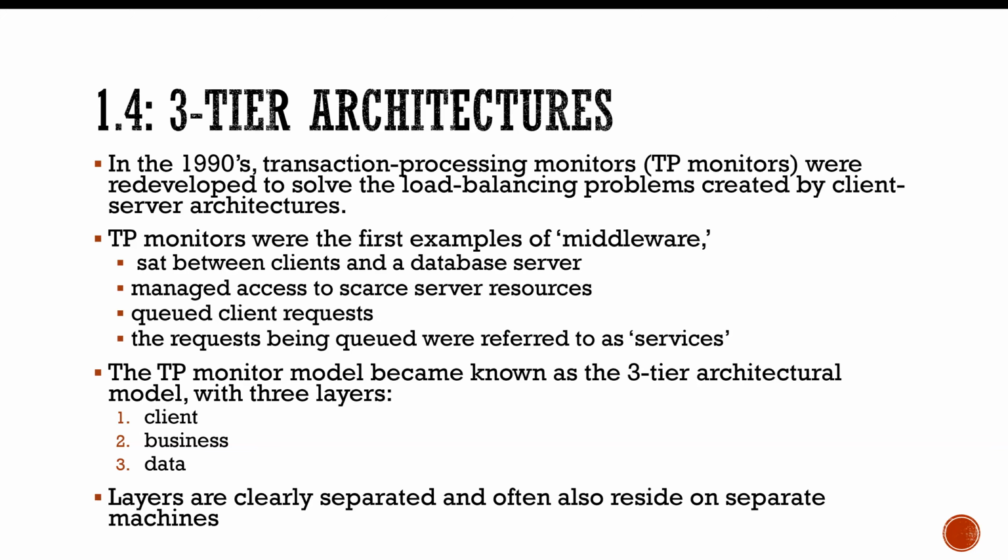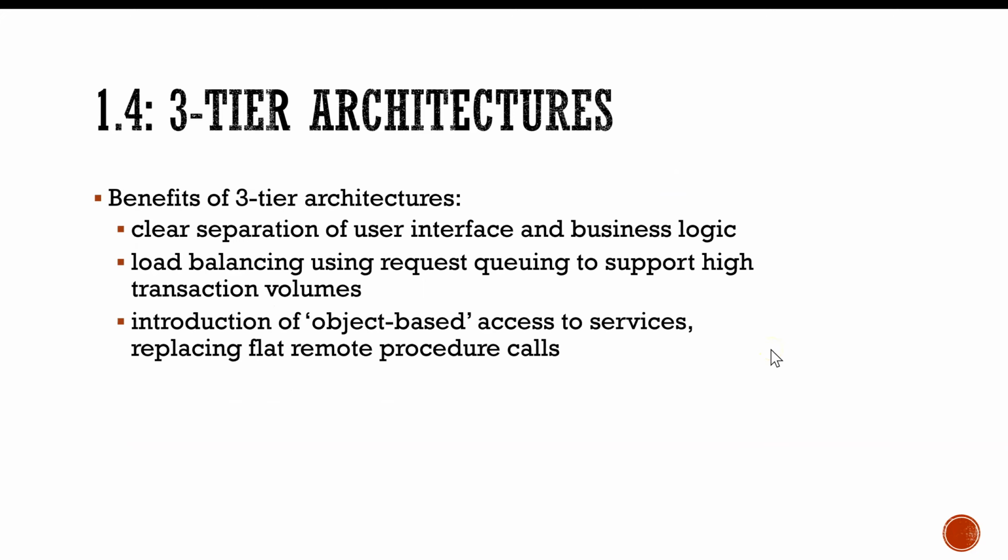The layers are separated, and sometimes they reside on different machines, different servers, if you will, but not all the time. Sometimes all 3 layers can be on the same machine. The benefit of the 3-tier architecture is the separation of the user interface and the business logic. And if you were talking about cloud environments, usually the client was a browser.